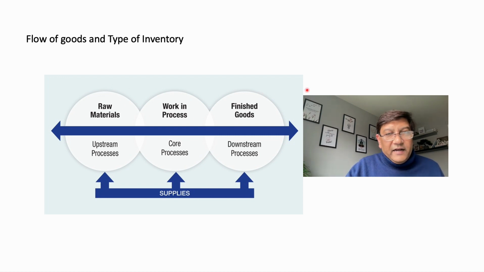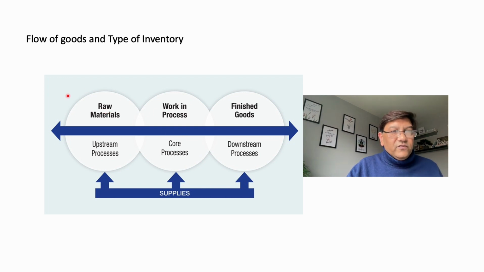So when we get demand for 500 finished goods, we can order the 500 components or the raw material for those 500 products from our suppliers at the same time, and we just send those 500 to work in process.